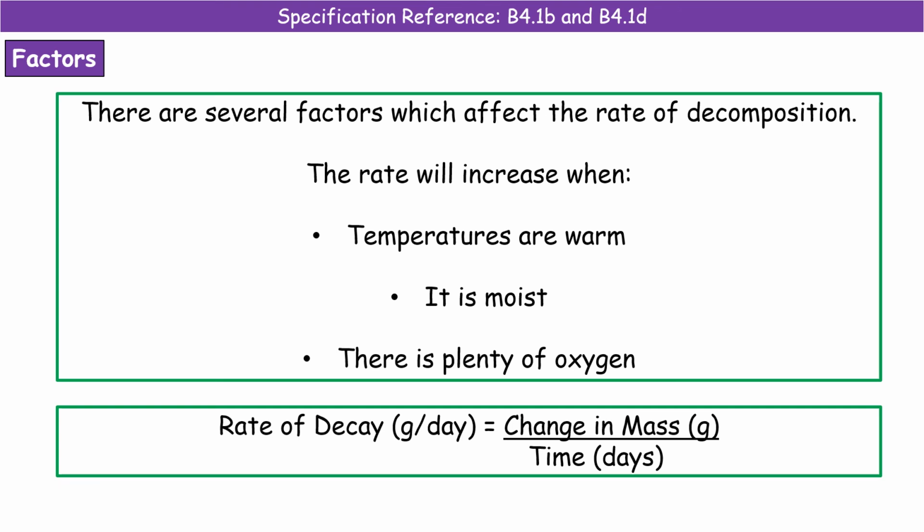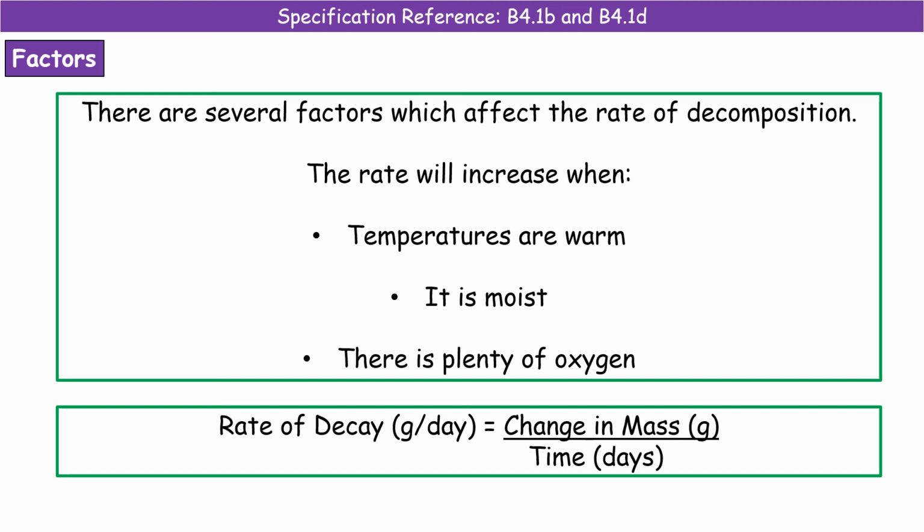So you've got to look at the question here, because they can phrase it in a variety of ways, basically different versions of compost heaps or compost bins. And you're really just trying to break it down into which of those three factors are at play, and is it actually increasing the rate of decomposition.